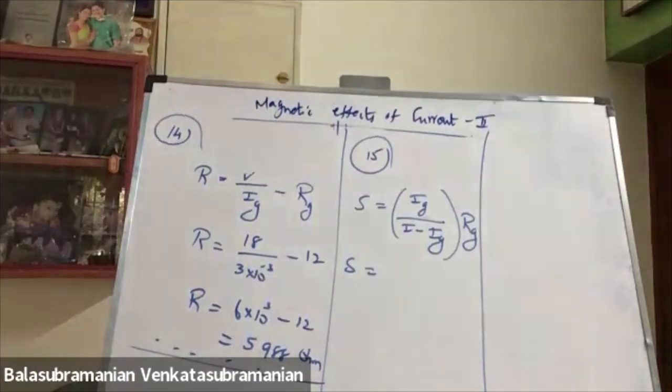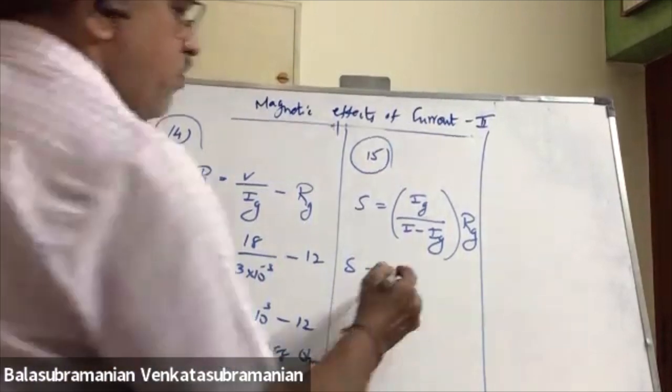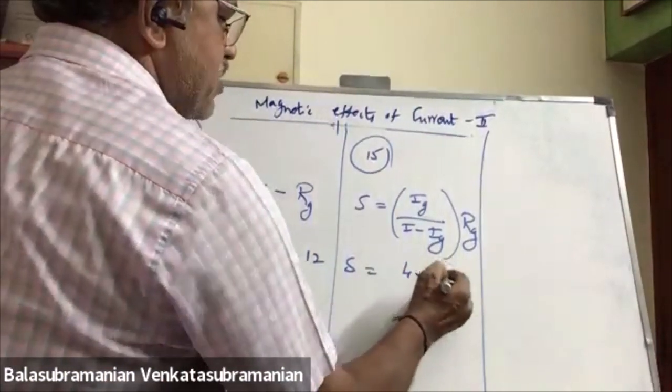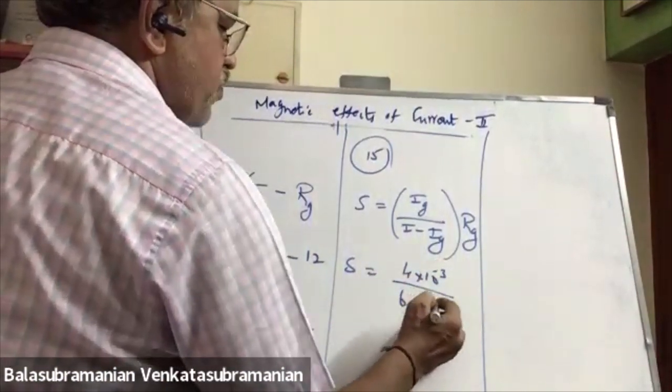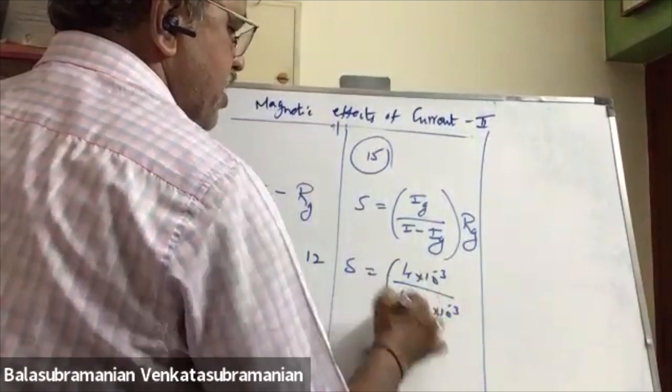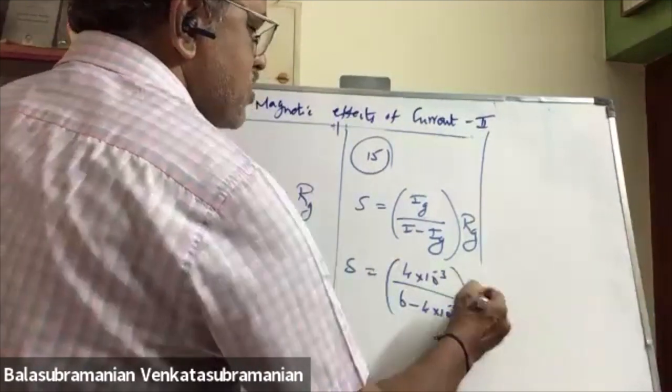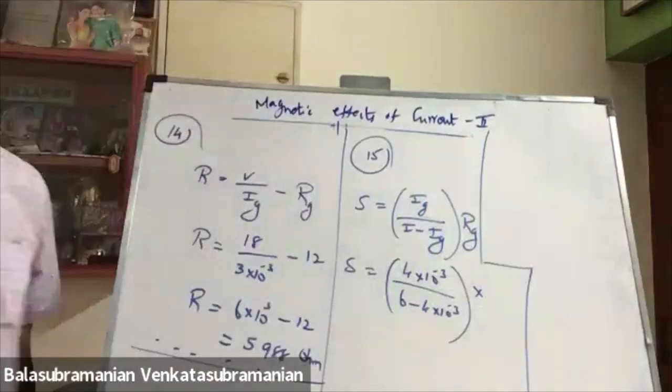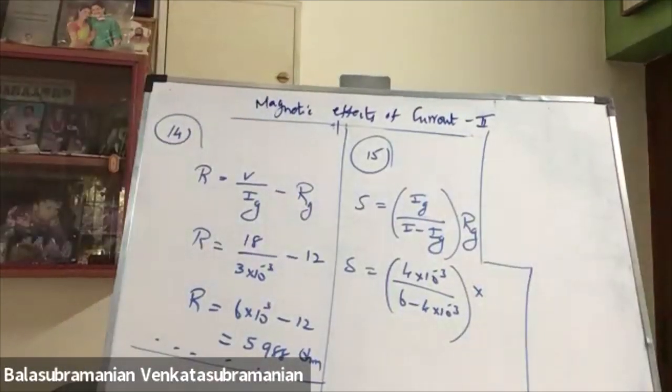Okay, now the data. Galvanometer current 4 milliampere, total current 6 ampere. So 4 into 10 power minus 3, divided by 6 minus 4 into 10 power minus 3, into resistance of the galvanometer, 15 ohms.